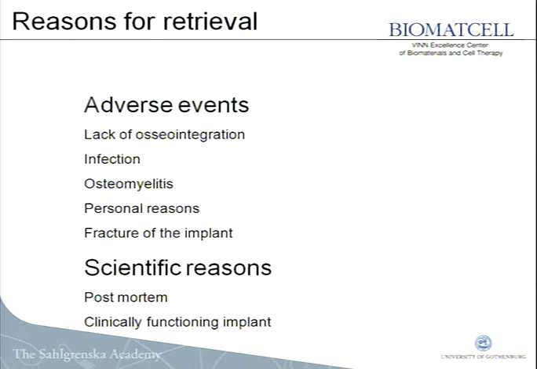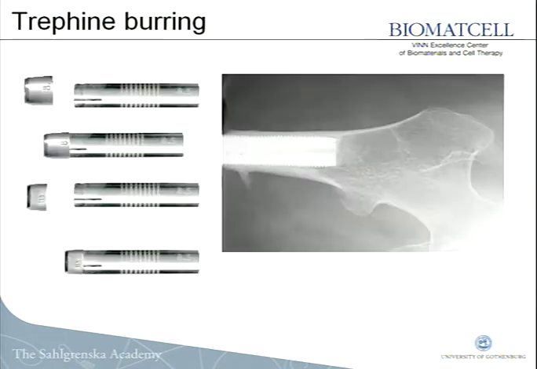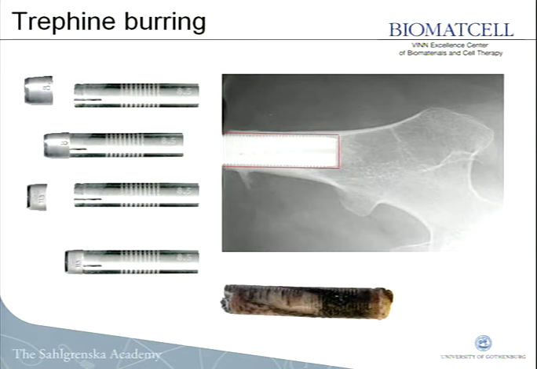And it's important, the steps of how you retrieve the implants for the subsequent analysis. If you have a lack of osseointegration, you can unscrew the implant, but then you don't have the bone tissue to evaluate afterwards. So the preferred way is to use a trephine burr, which you can use to get the implant and surrounding tissue out from the patient, and you will get a sausage like this.